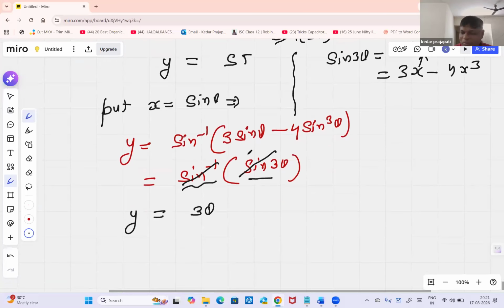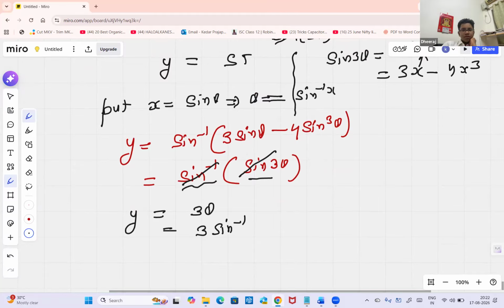So from here you can write theta will be sine inverse x. So in place of theta, write sine inverse x. So this is a simplified version.